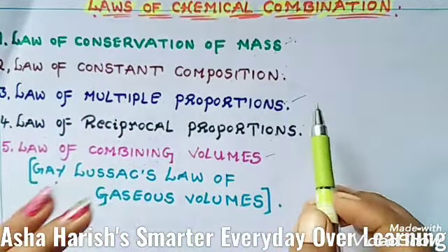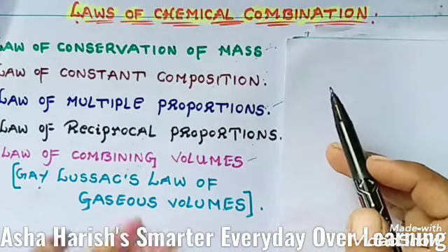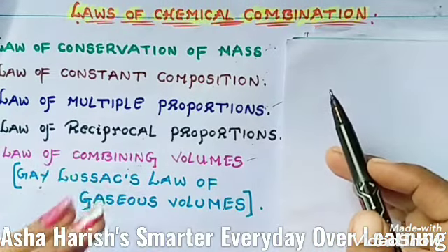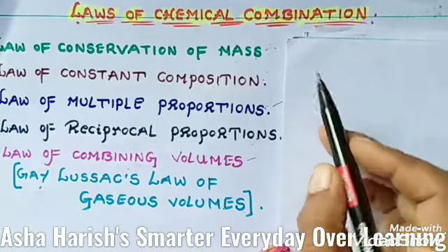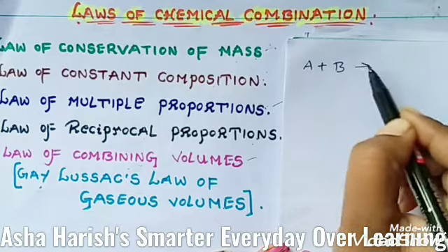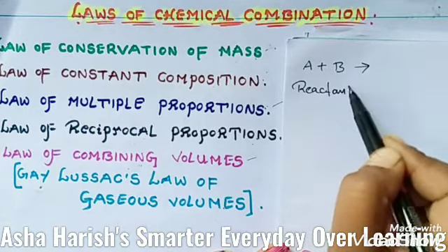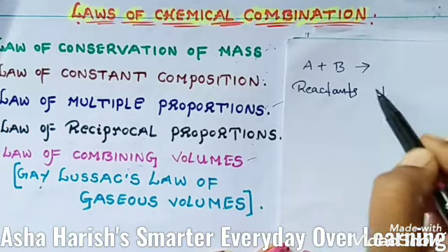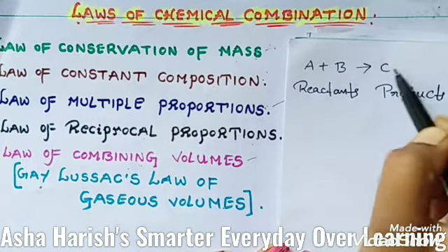Okay, let's get started. One of the most important aspects of the subject of chemistry is the study of chemical reactions. In a chemical reaction, the participation of reactants and the formation of products takes place, as you know very well.